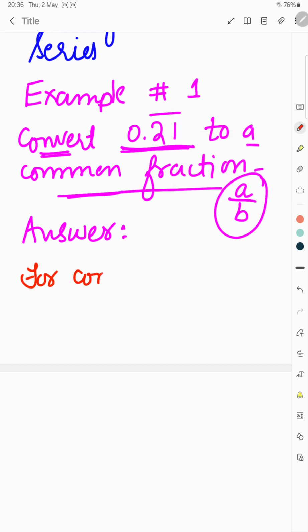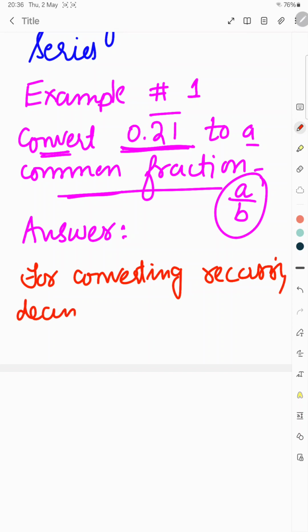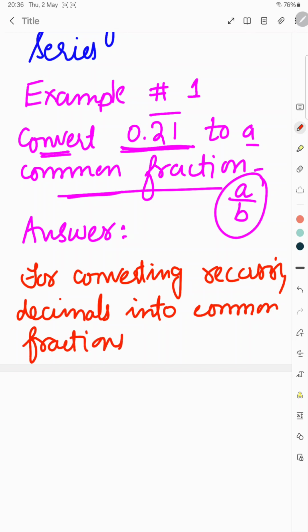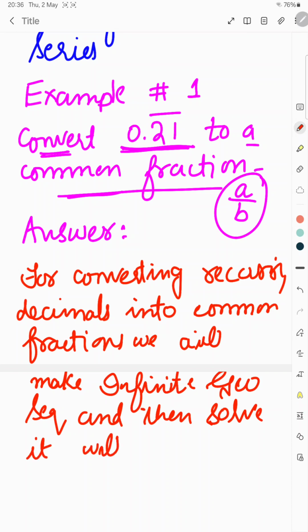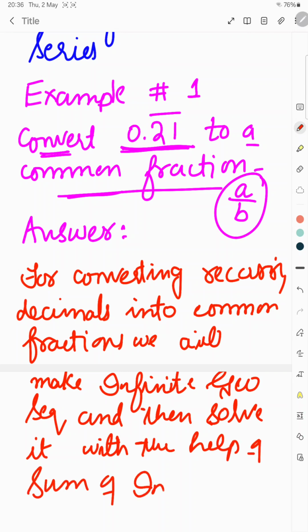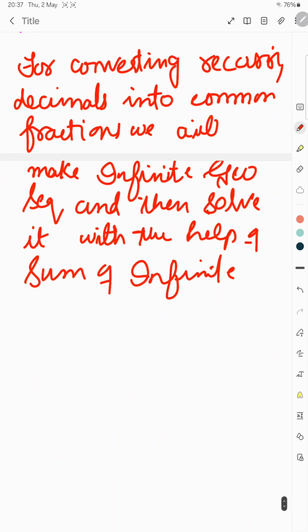For converting recurring decimals into common fractions, we will make an infinite geometric sequence and then solve it with the help of the sum of infinite geometric progression formula.